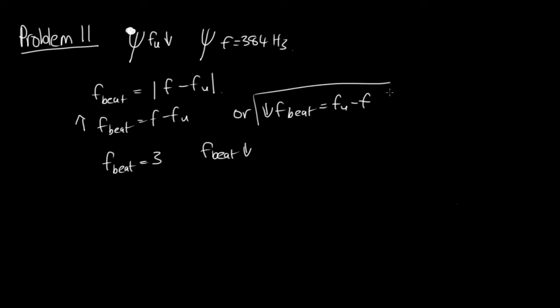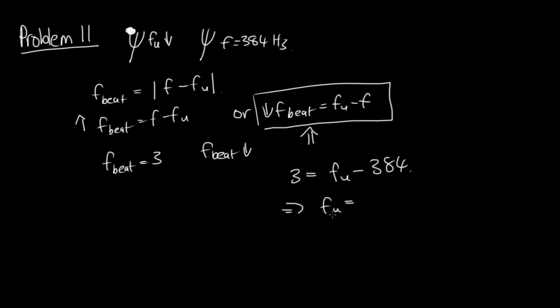And so that tells us that this one must be the equation that we're going to have to use. So we have 3 is equal to FU minus 384, which tells us that the unknown, F unknown, is equal to 3 plus 384, which is equal to 387 hertz.